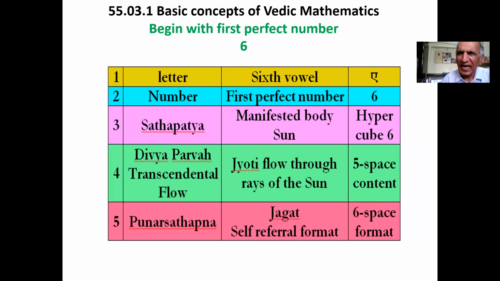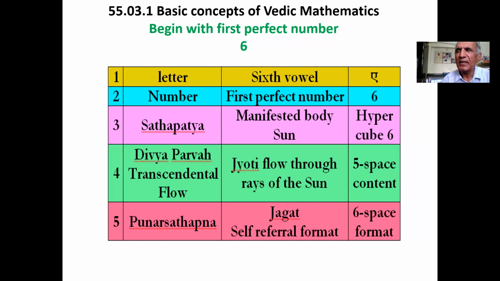Once we have this two-phase transcendence, firstly from letters Varna Samamanaya to numbers Ank Samamanaya as the first phase and stage, and from the Ank Samamanaya to Sthapatya to hypercube 6 as a representative body of a 6 space, that means parallelly we are having our reach as a beginning phase from the sun, Surya.